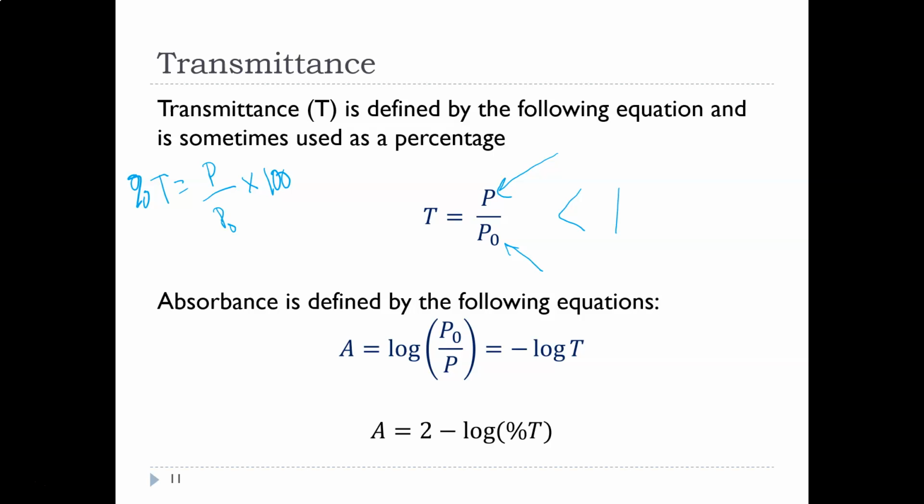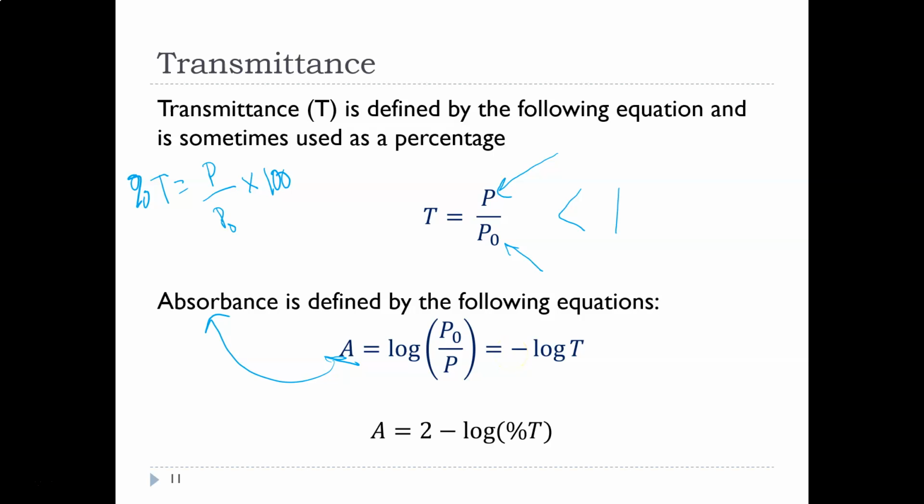Absorbance is looking at how much light gets absorbed by the molecule, and it moves it over to a log scale. So absorbance, which is capital letter A, is related to these fractional amounts of light. It's taking the log of the amount of light that we shine at the sample divided by the amount of light left over, which ends up being the negative log of T, because we invert that, so that's where the negative comes from.